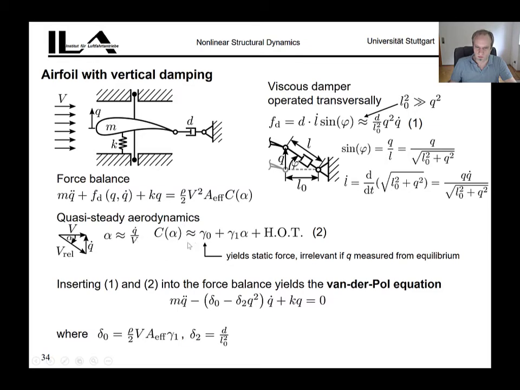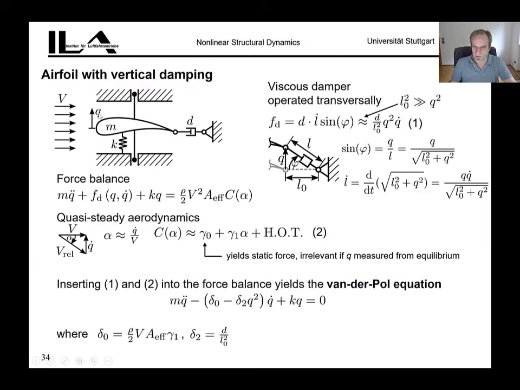Then we need the lift coefficient as a function of the angle of attack, and this generally can be expressed as a polynomial or a Taylor series expansion, and we assume here that we can neglect higher order terms. Also, this constant component would lead to a static force, and for simplicity we just assume that this is compensated by this spring.